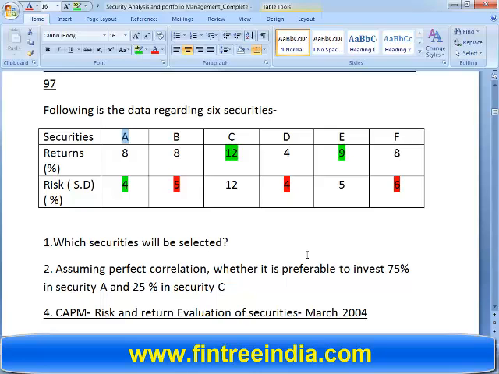Are we done here? And then in part 3 of the answer you will say: possible selection of securities for portfolio construction.